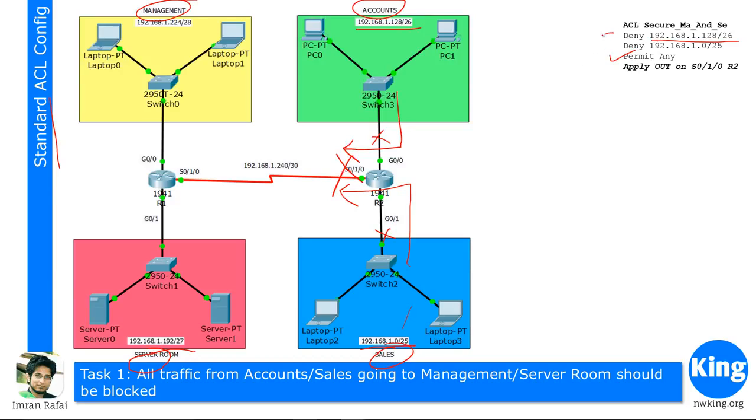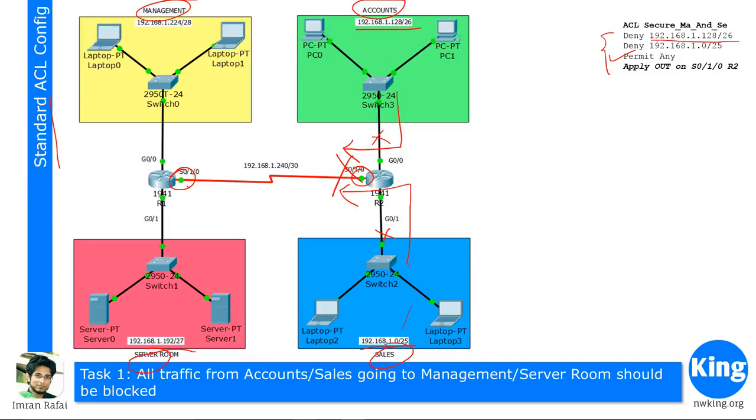But when we are combining these statements in one access list, the only place where both these traffic get in is either here or here, right? But according to our rule, standard ACLs must be applied closer to the destination.